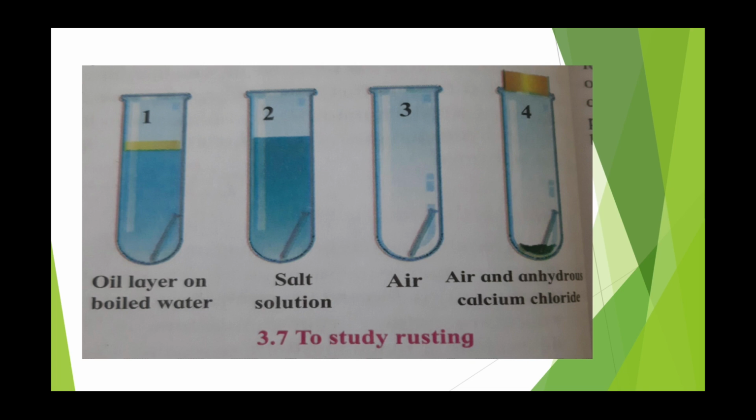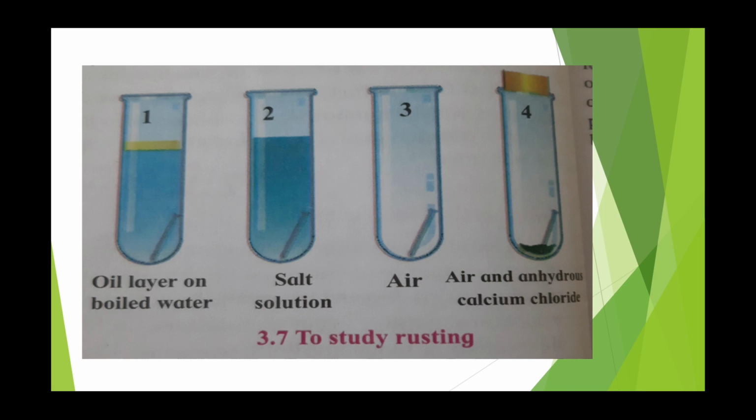The third test tube is empty, that is, it is filled with air, and in the last one we have taken anhydrous calcium chloride. Now we are dipping an iron nail in all these 4 test tubes.